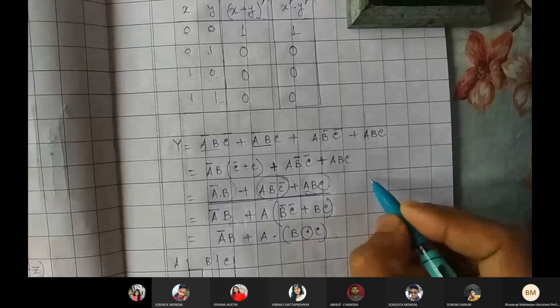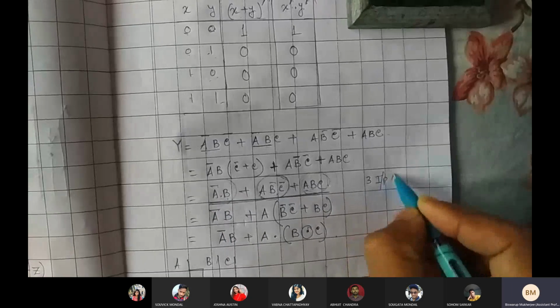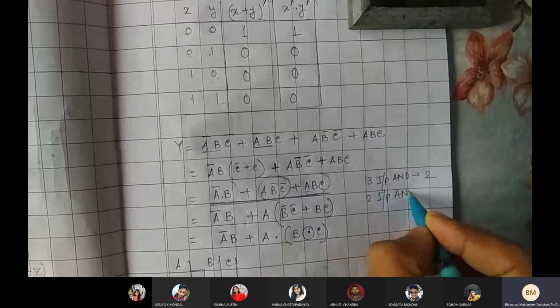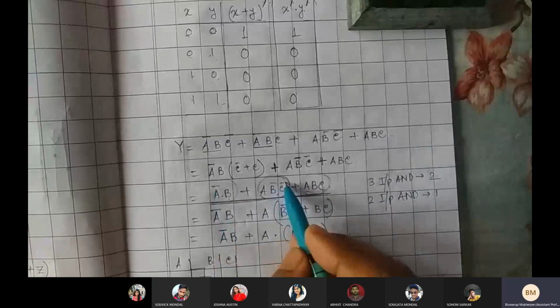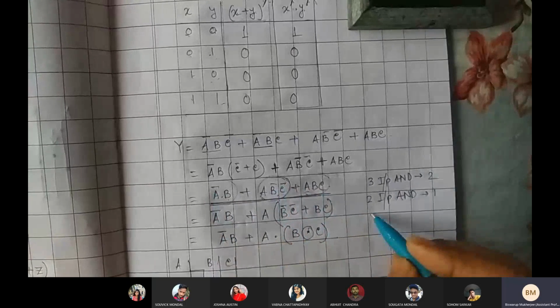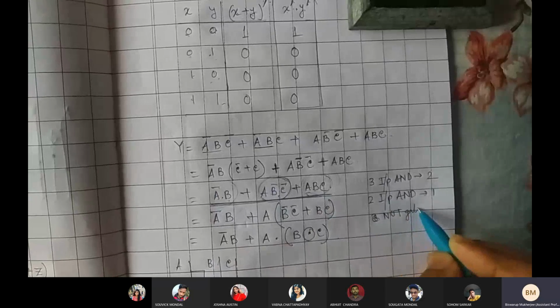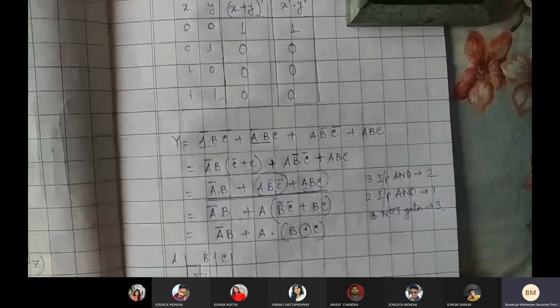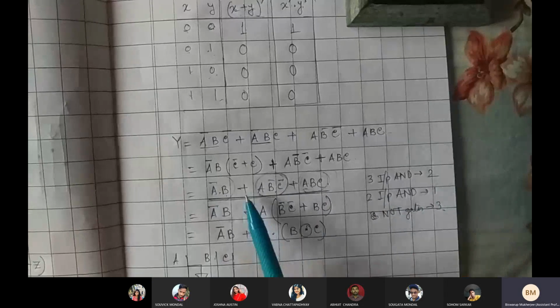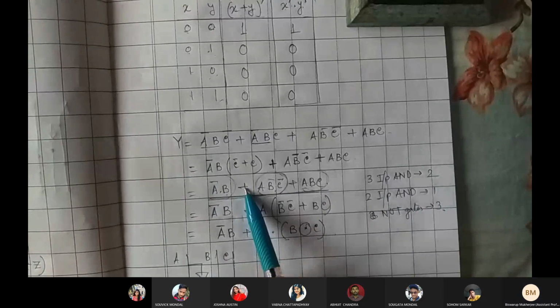Then inverters: A bar, B bar, C bar, so 3 NOT gates. Lastly, we require a 3 input OR gate, that is 1.